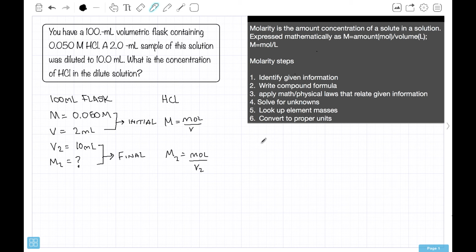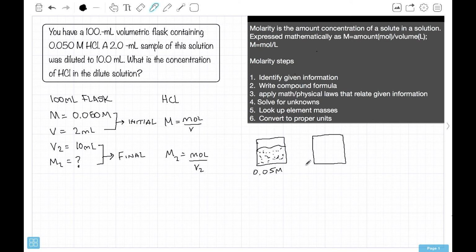I guess a good way to visualize what's happening in this situation is, let's say, rather than hydrogen chloride, we are dealing with iced tea. Someone at home made some iced tea, and it was so concentrated, they put so much mix in the water that it wasn't drinkable. Let's say you have a concentration of 0.05 molarity.